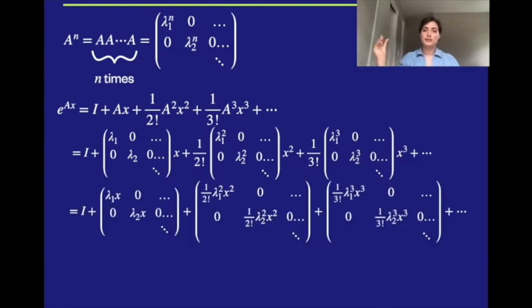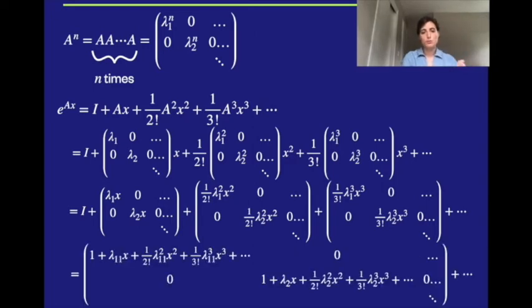So we just take x and we put it inside the matrix itself, and then we look at what happens to each term of the diagonal matrix. Everything that is outside of the diagonal is still 0 because there is no non-zero term appearing anywhere.